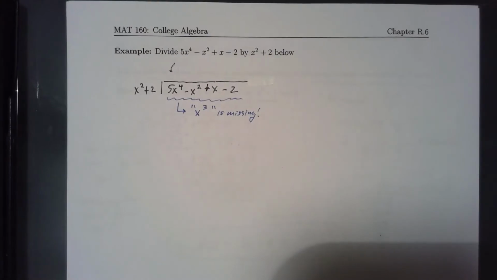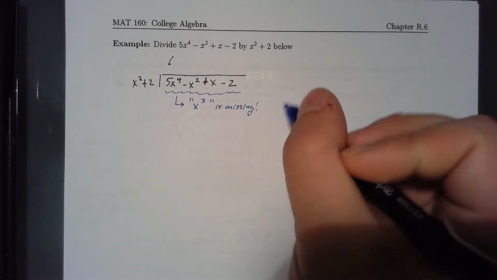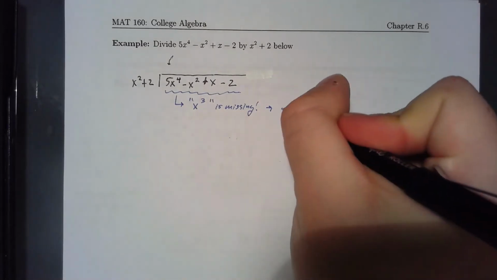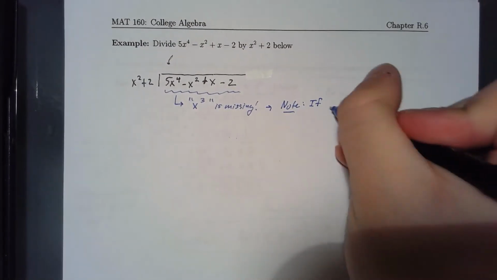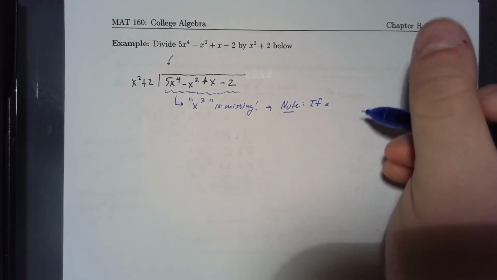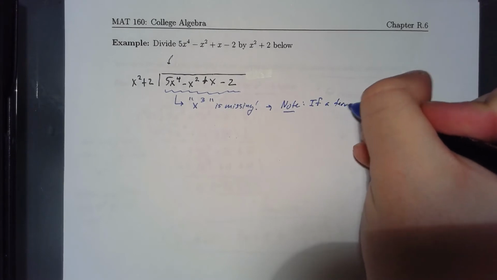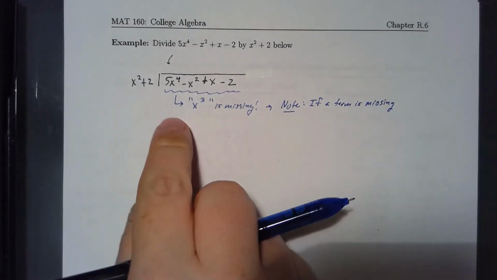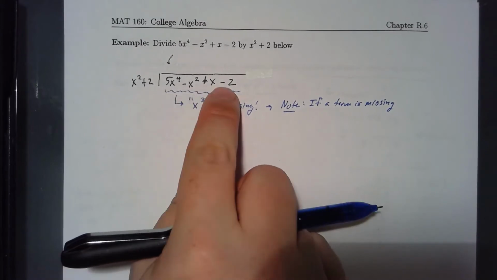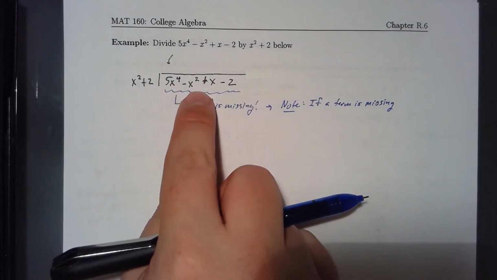All right, I want you to notice that. So here's what you need to do. Note, if a term is missing, like in this case, when you go with descending order, x to the 4th, and then x cubed should be next, but it's not there.